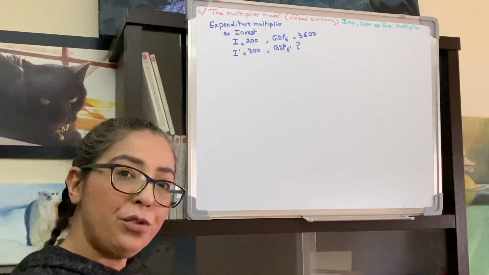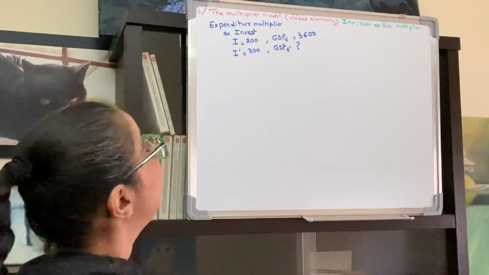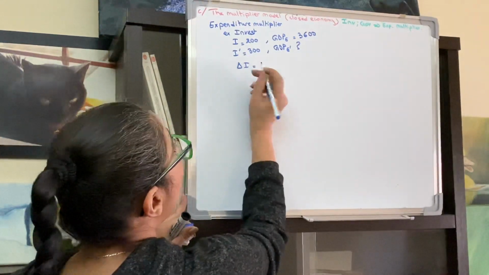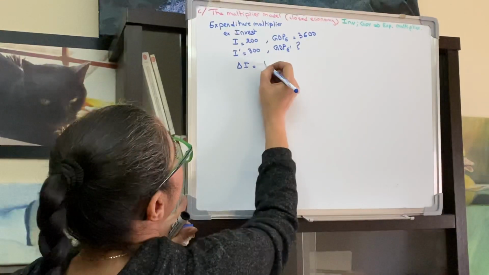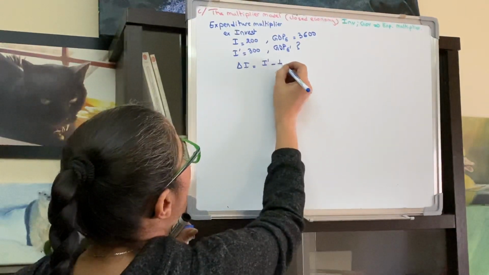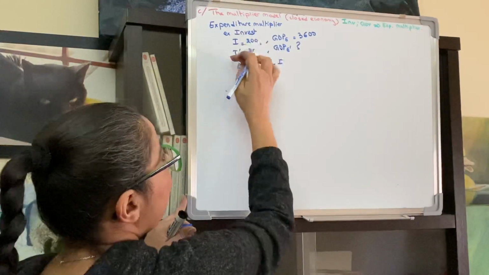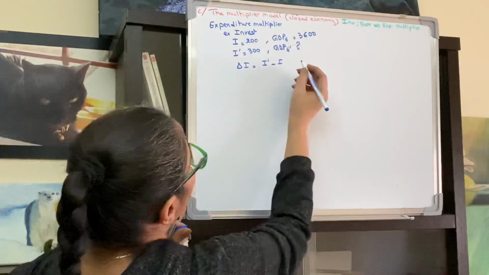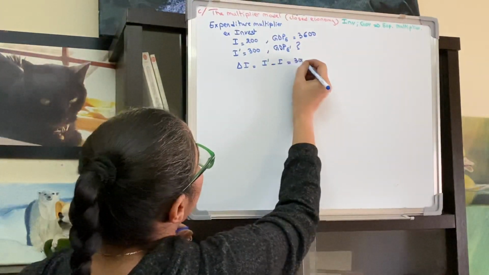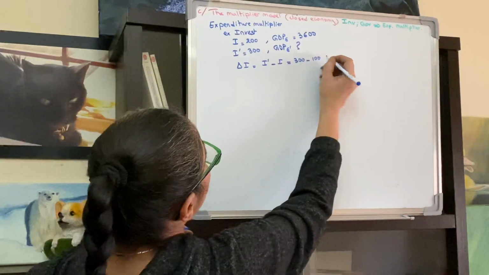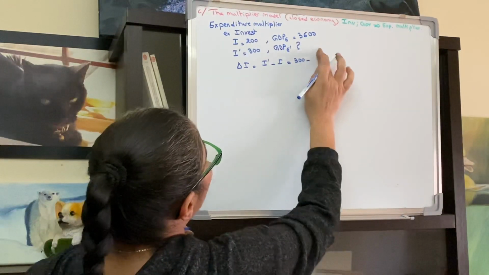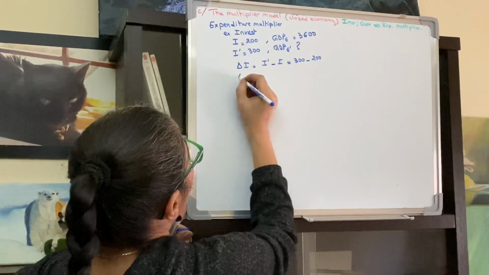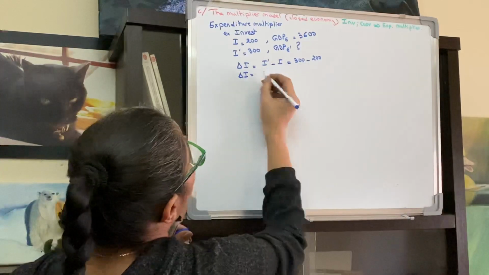What do I have to do first? Calculate delta I. Delta I is simply the new investment minus the old one. I prime minus I. To calculate the change, here it increased by 100, isn't it? The new minus the old, which is 300 minus 200. So delta I is equal to 100.